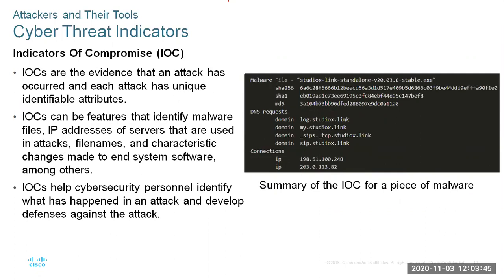Now, indicators of compromise are evidence that an attack has occurred, and each attack has a unique identifying attribute. Indicators of compromise can be features that identify malware files, IP addresses of servers that are used in attacks, file names and characteristics, changes made to the end system, amongst others.